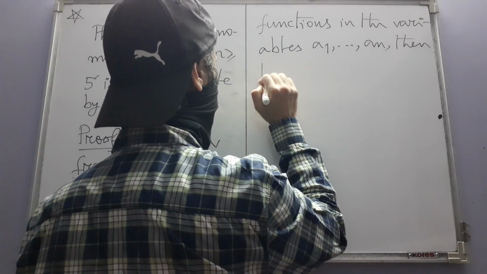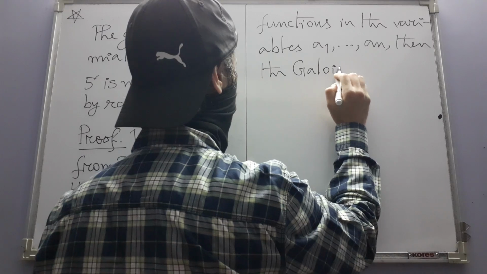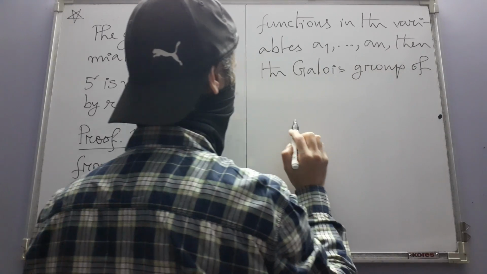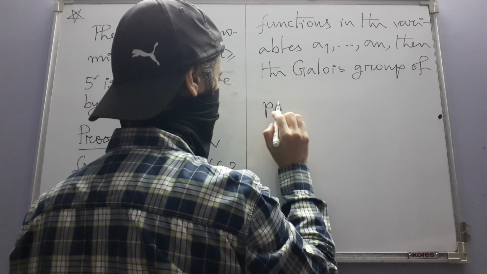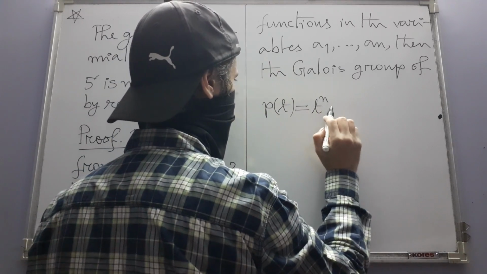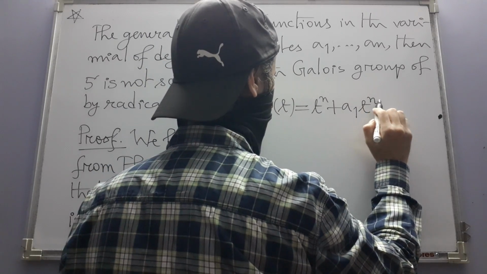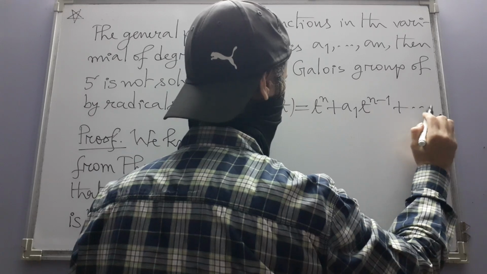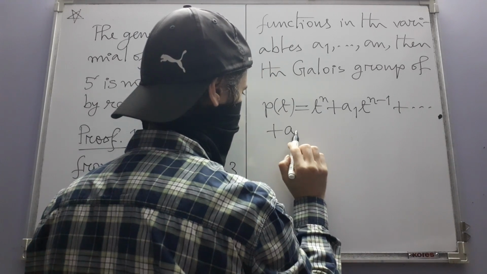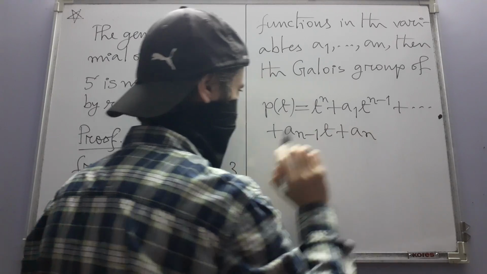Then the Galois group of this polynomial, t^n + a_1 t^(n-1) and the terms go like this, plus a_(n-1) t plus a_n.